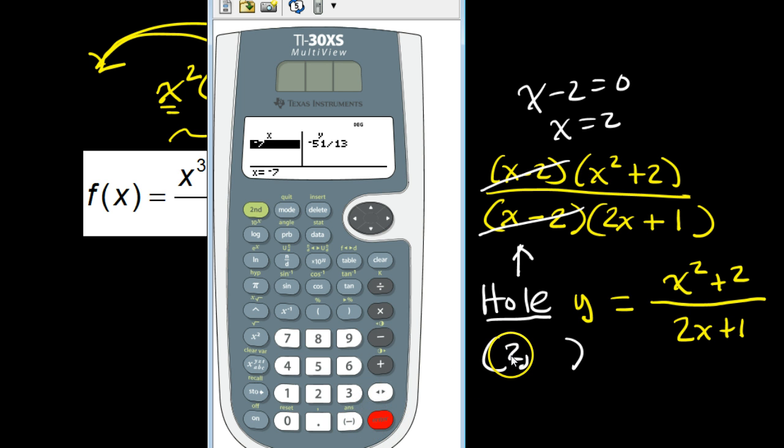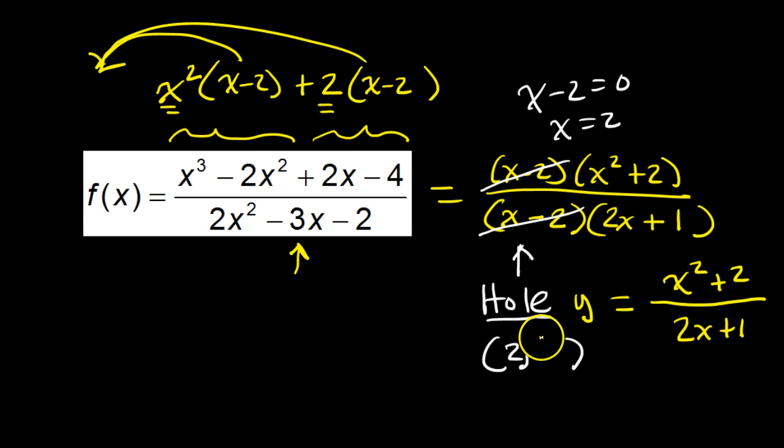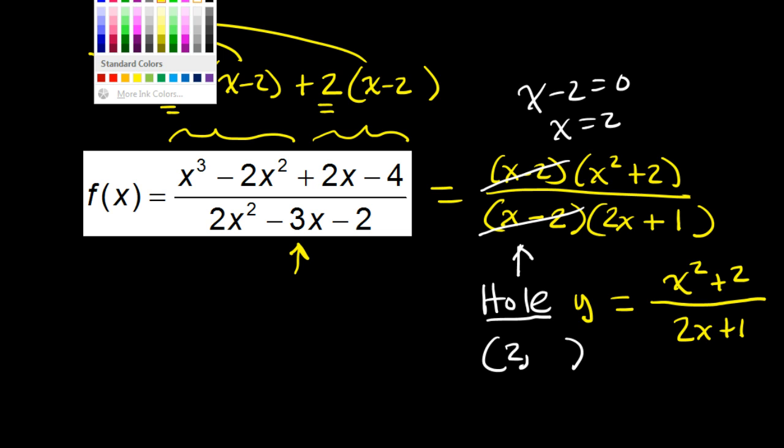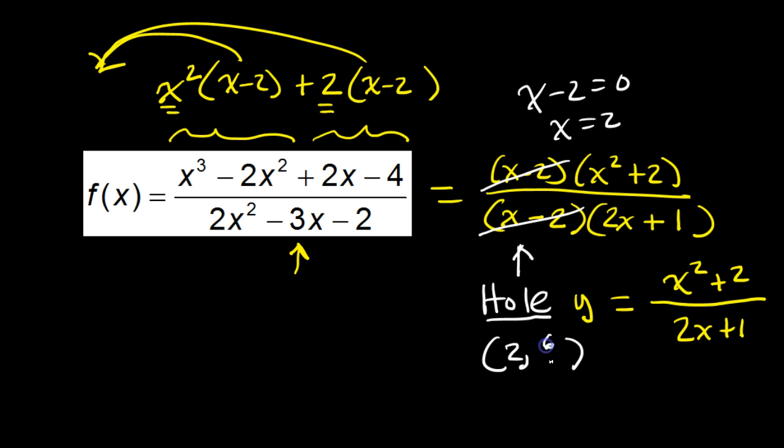Now, I need the y value that goes with 2. Alright, so that is 6/5. So that tells me that there will be a hole in this graph at the point 2, 6/5.